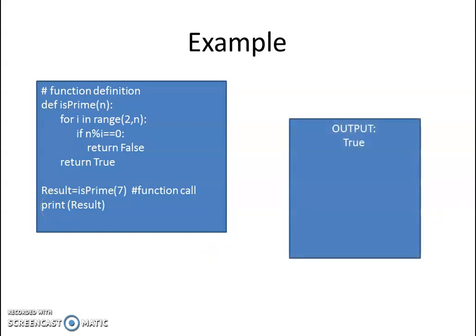This code will print true, as in this case 7 is a prime number. So according to this code we are checking whether the passed parameter is prime or not. If the argument is prime, it will return true, and if it is not prime, it will return false, as we already discussed how to write the code to check whether a number is prime or not.